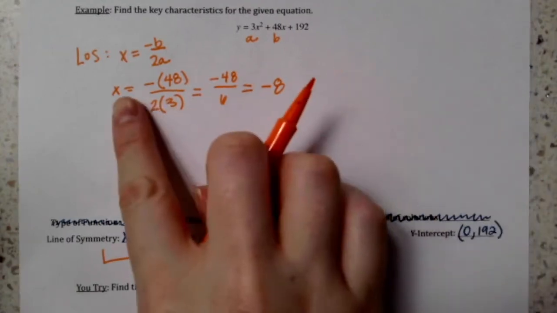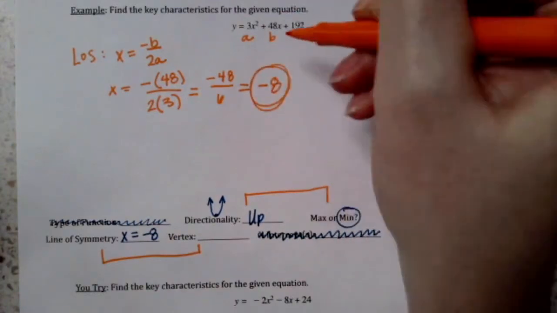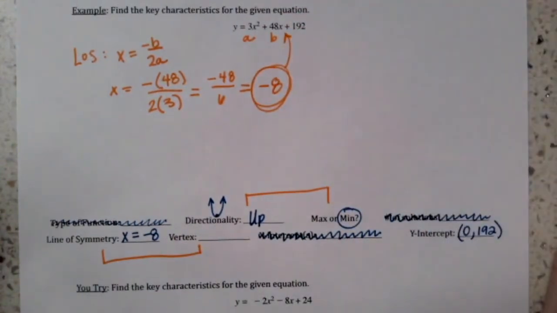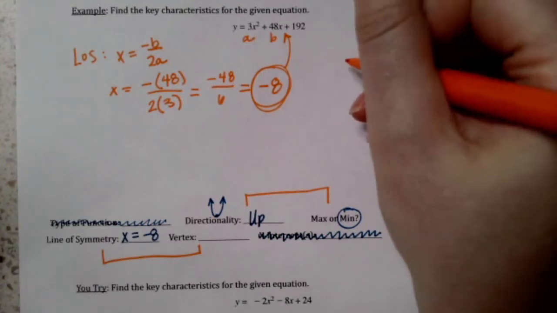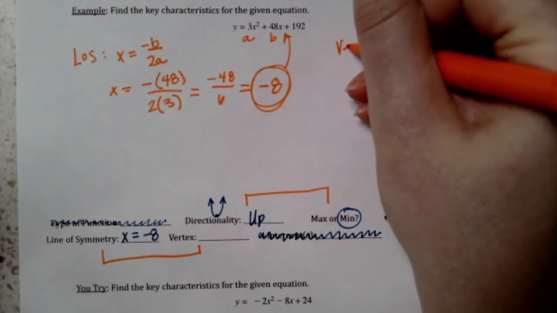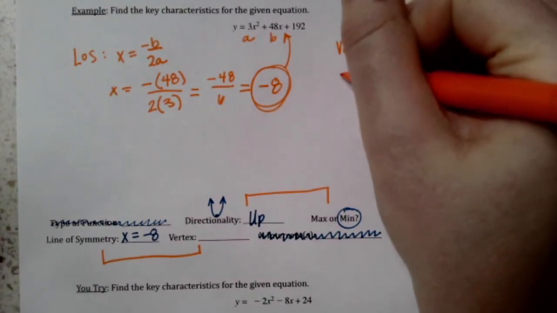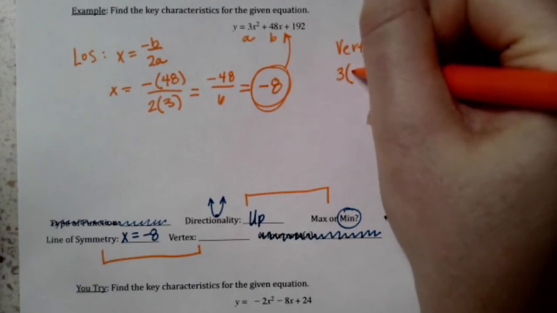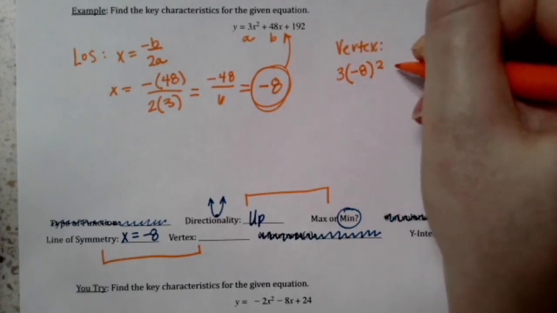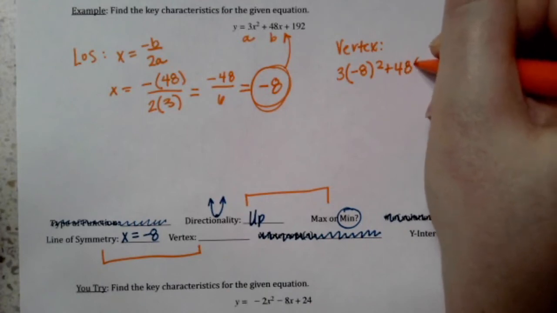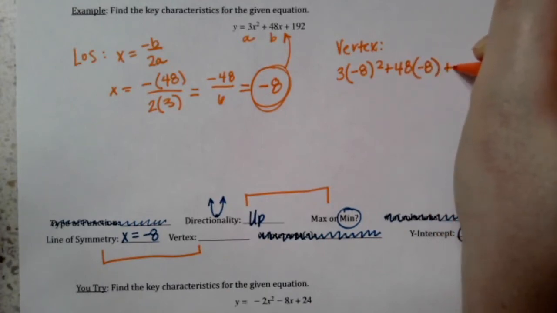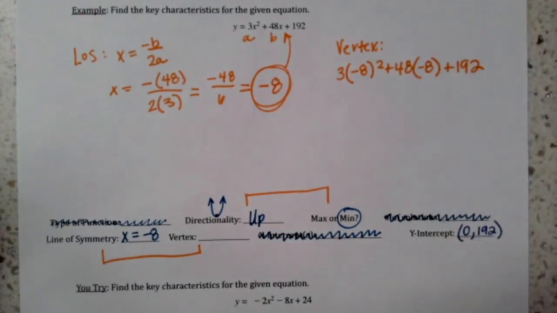And then for our vertex, we have to take this and plug it into our original equation. This is to find the vertex. We're going to plug in a negative 8 wherever we see an x inside parentheses. Yours should look like that, and then we can plug that into our calculator.